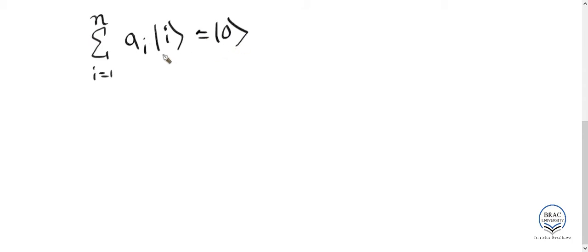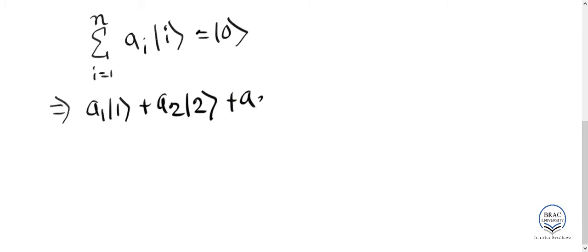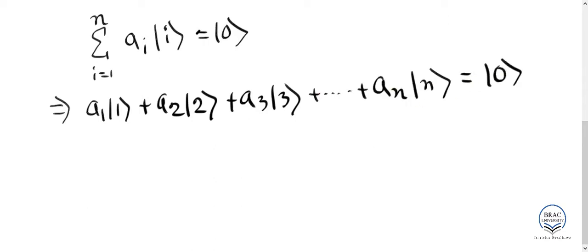So we had our condition as i equals 1 to n, a_i v_i, and this had to satisfy this, that is, the linear combination of the objects from the vector space, that is the vectors, equals the null vector. So if I write it explicitly, it will be a1 v1 + a2 v2 + a3 v3 and so on up to an vn equals the null vector.